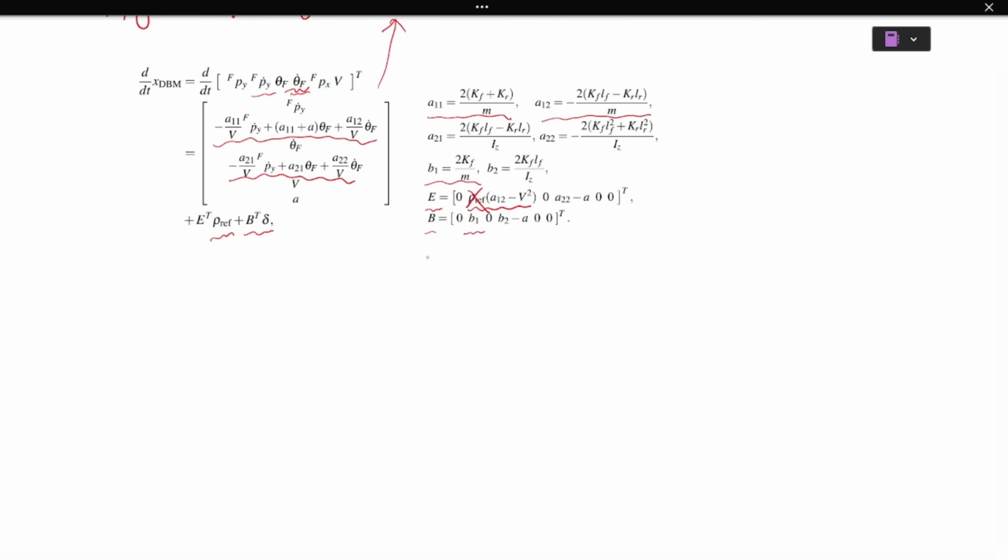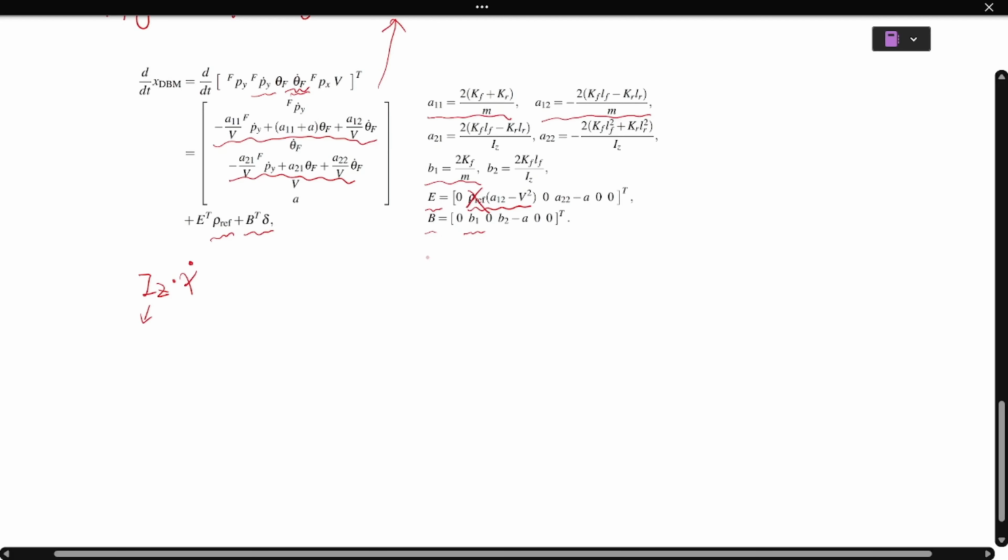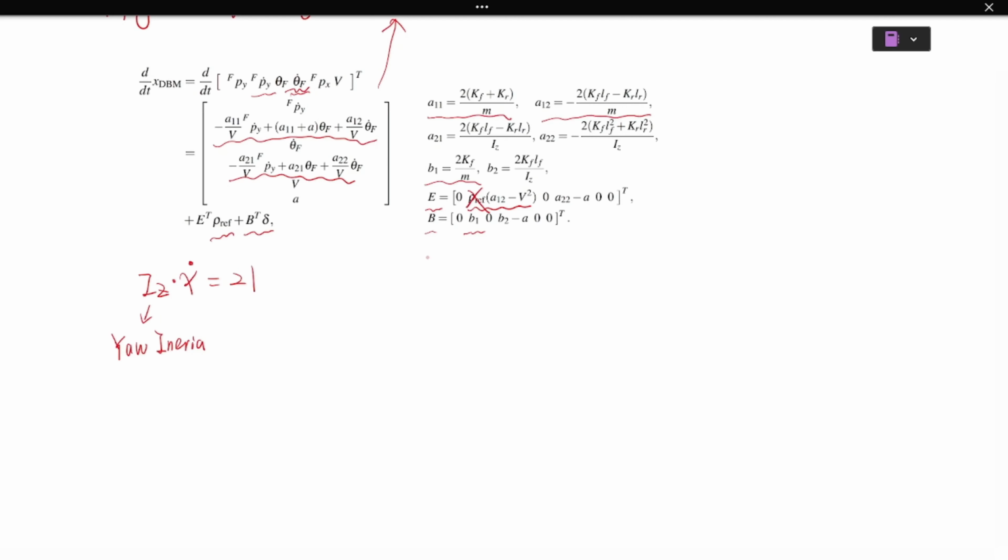As with fpy dot, first we build the yaw moment about the z-axis. So Iz times gamma dot. Gamma is yaw rate, and Iz is yaw inertia, equals 2 times Ff times Lf minus 2 times Fr times Lr.